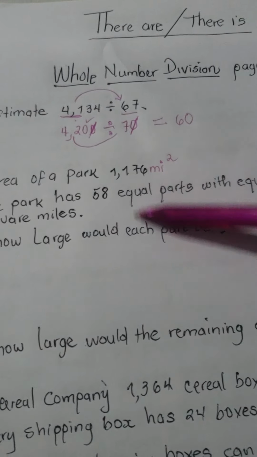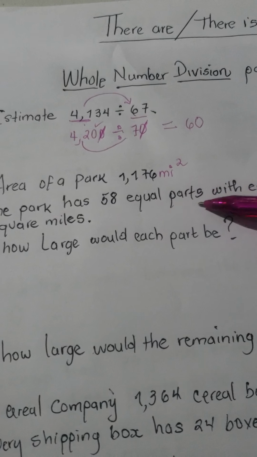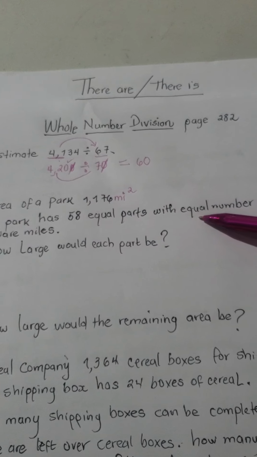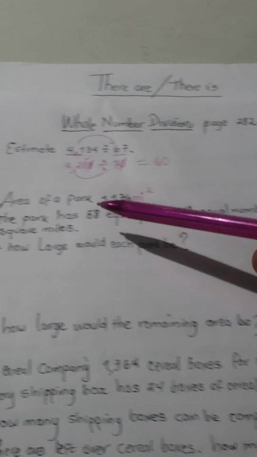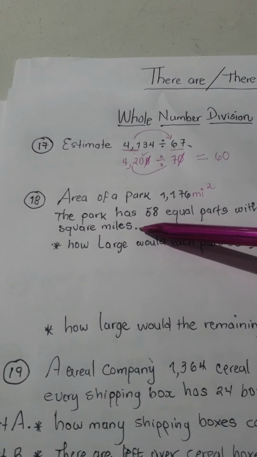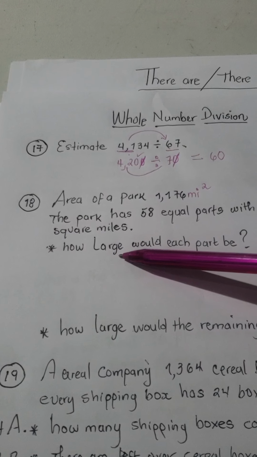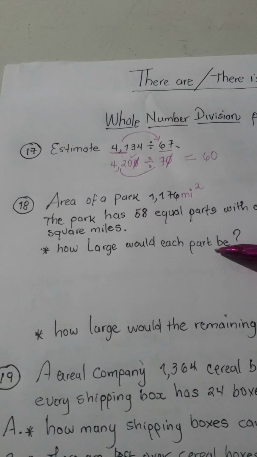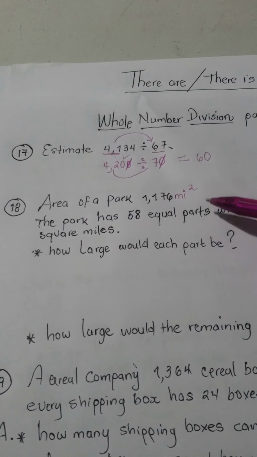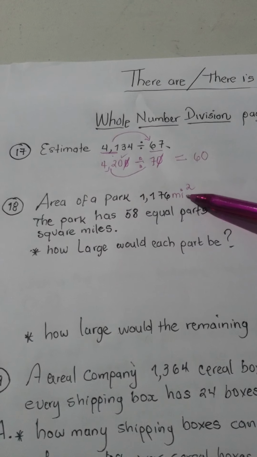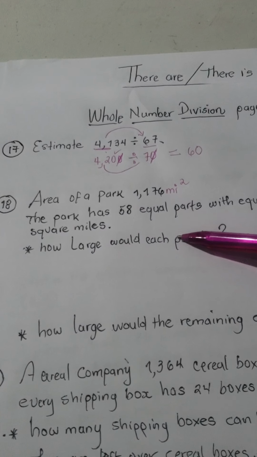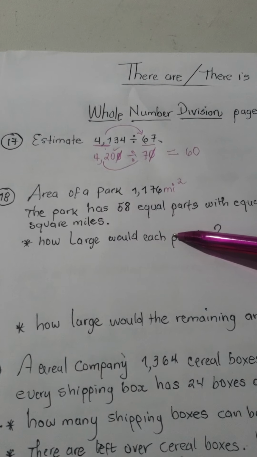I mean, the total area has 58 equal parts. It says equal number of square miles. Now the question is, how large would each part be? How many square miles is for each part of the park?